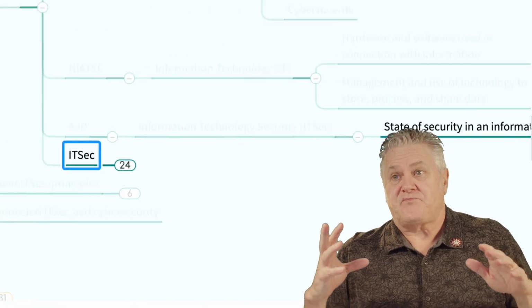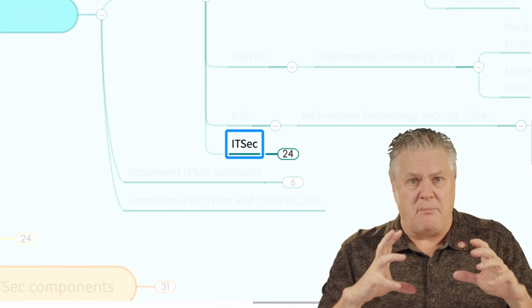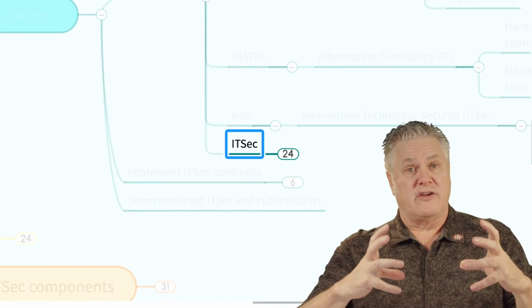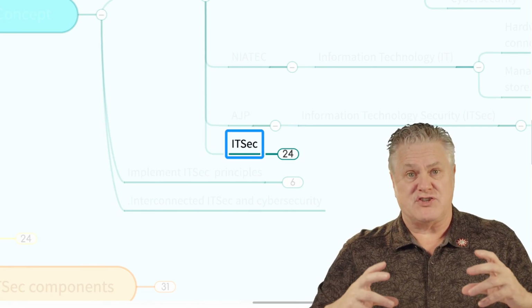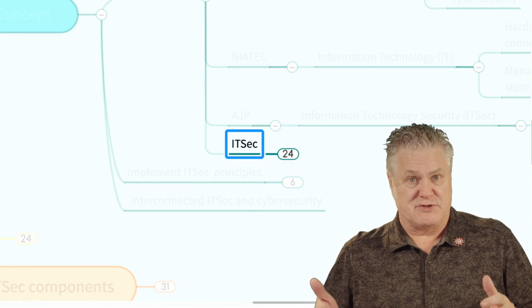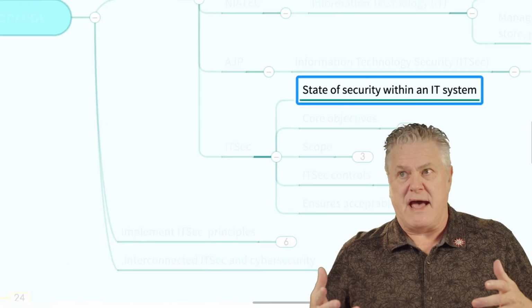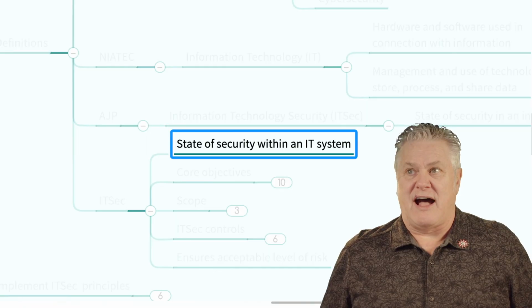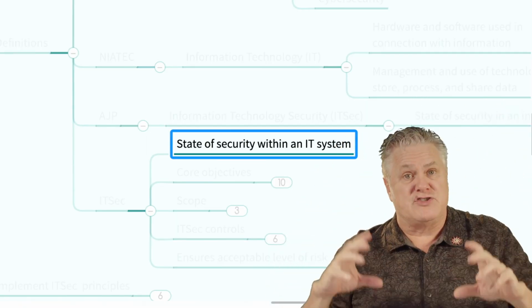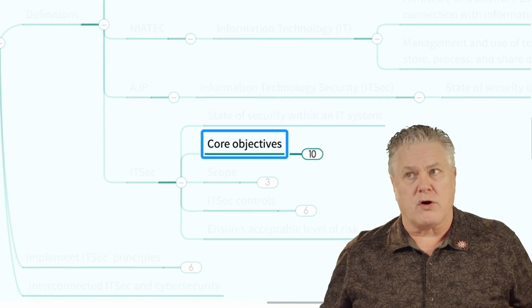So I had to come up with what we're going to consider as ITSEC, information technology security, so that we could talk about the principles and practices in a cohesive manner. We'll start with their definition, state of security within an IT system, and then I took all the other definitions and brought them together. What are our core objectives?